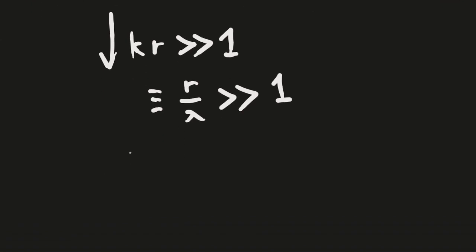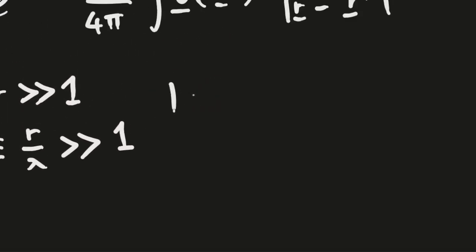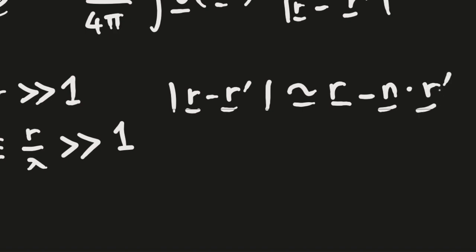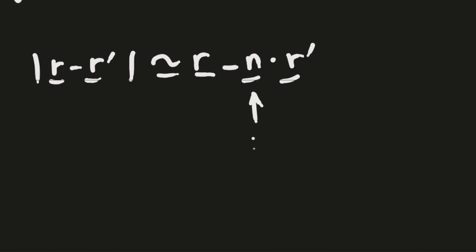So by imposing this, you can make the approximation that this term is approximately equal to this term. What we're saying is that n is a unit vector that is parallel to r.